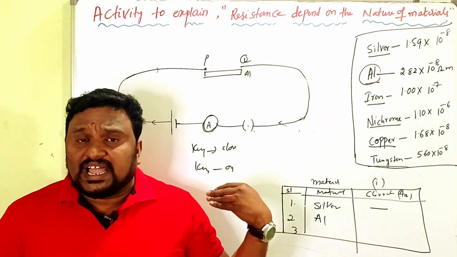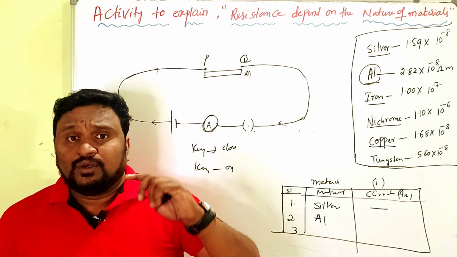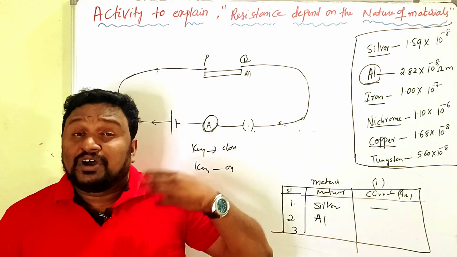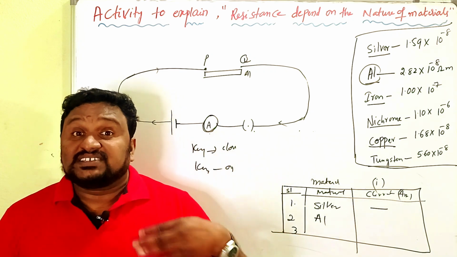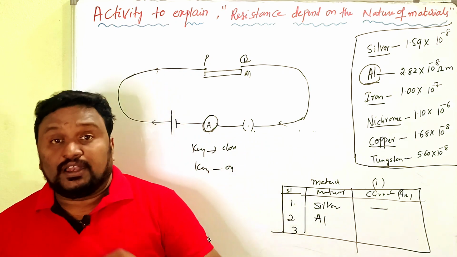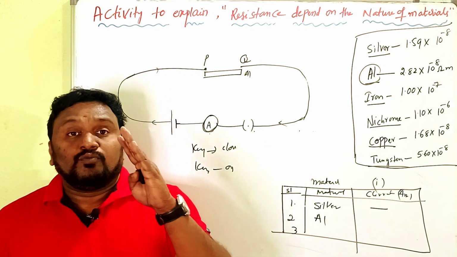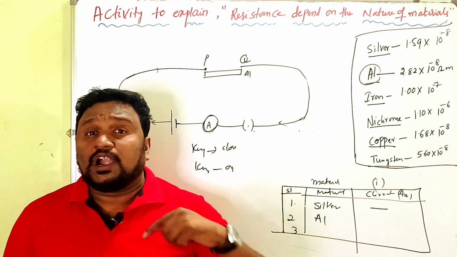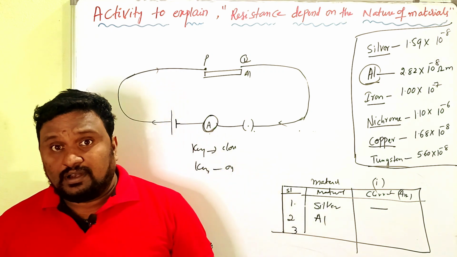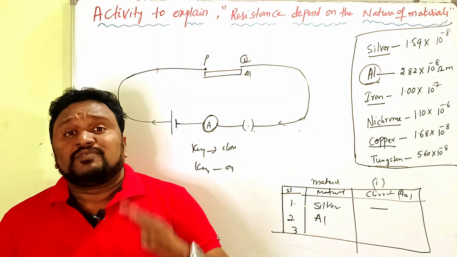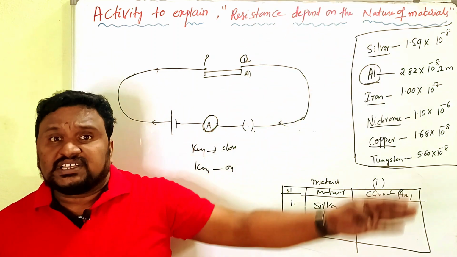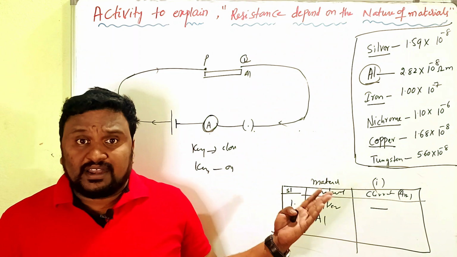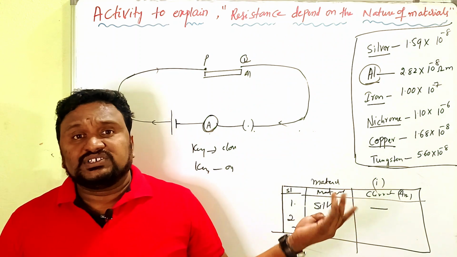So according to this activity, you have to check whether for every material we are getting the same resistance or a different value. Clear? For every material, are we getting the same value of current in the ammeter or not? Then what do you have to say? For example, if all the materials give one constant amount of current, then what do you have to say?